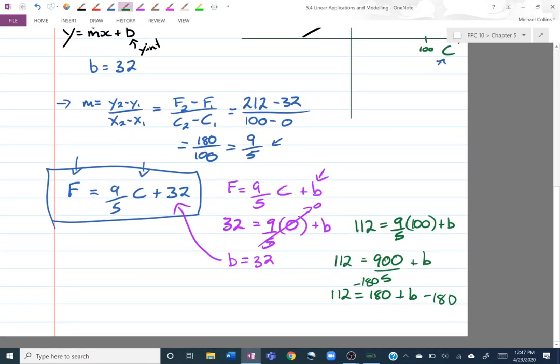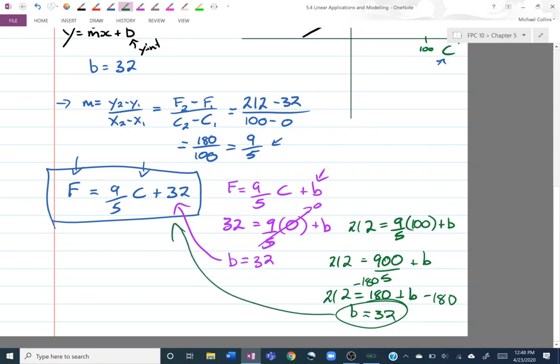There's my mistake right back here. My apologies, this is a 212. So 212 minus 180 is equal to 32. I knew I'd made a mistake because I wasn't getting the same answer that I got two other ways. And again, we're right back where we started.